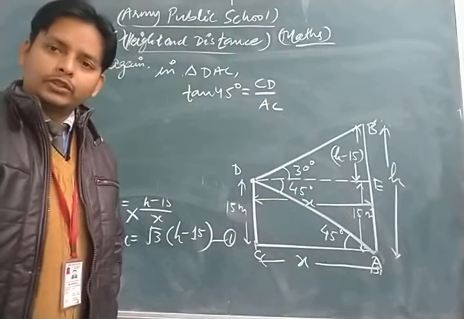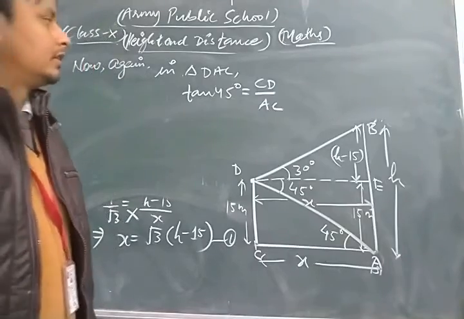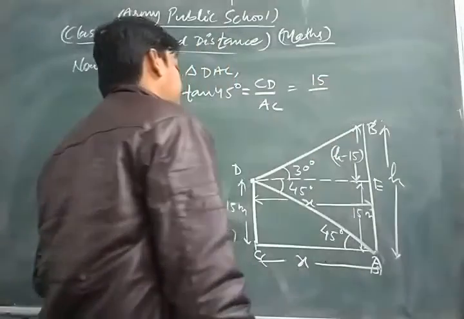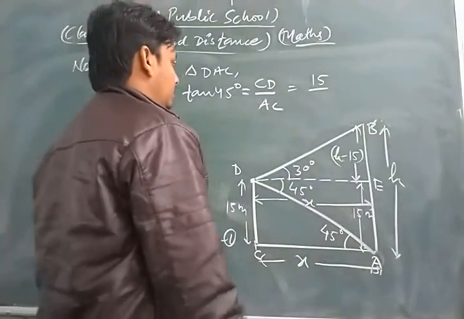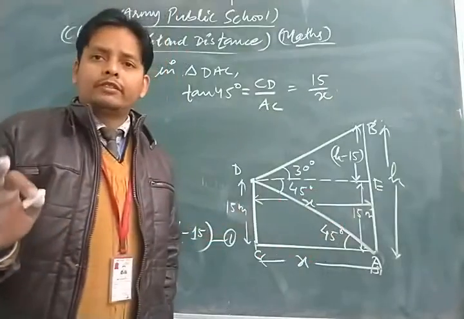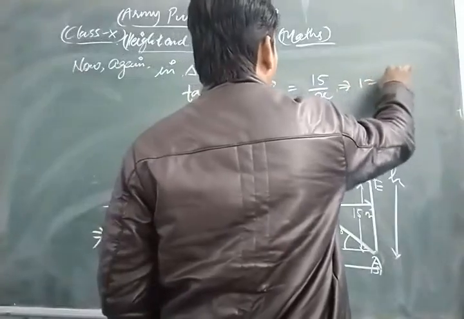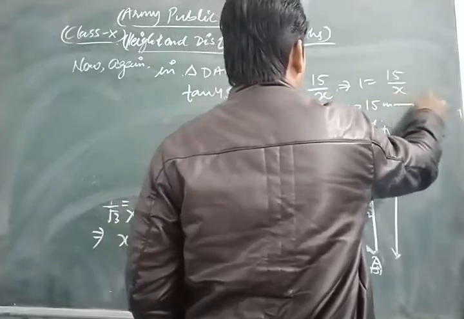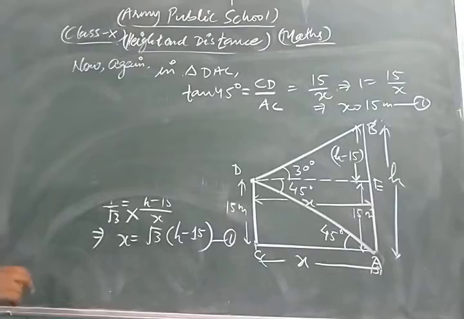This is the height of the window from the surface of the earth, which is equal to 15 meter upon AC, and AC was X, so we put X. Now you know that the value of tan 45 is 1. So this implies that 1 is equal to 15 upon X, that is X is equal to 15 meter. We take this as equation number second. X is equal to 15 meter.